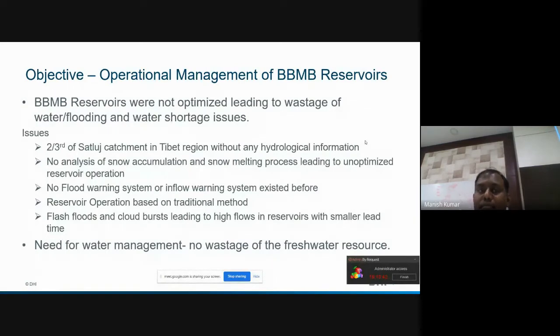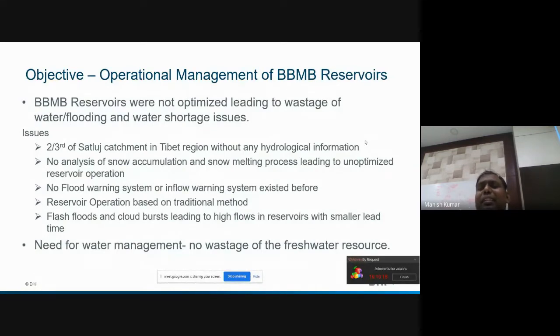Then, before this they did not have a flood warning system or reservoir operation system. They were simply using some traditional method based on dry, dependable and mean flow. They had a long time series, and they extracted dry year flow, dependable year flow, and mean year flow.